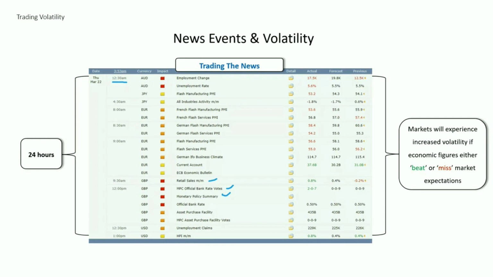So perhaps we have a level of unemployment that is 5.6%, and we get the actual figure of 7% unemployment. Obviously, that's going to cause a lot of concern for market participants trading this market and is going to cause large price increases. So a lot of these moves are in relation to the actual forecasted figure by market analysts in comparison to what is actually announced and how the economies are performing.